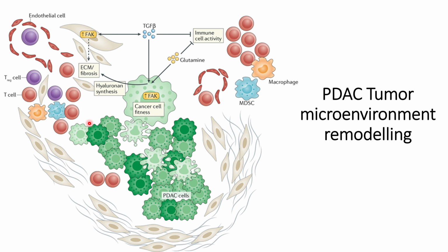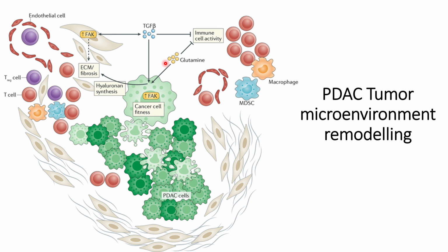And how can this tumor microenvironment remodeling be done in a way that it can help in the immune response, or increase the immune response efficiency against the pancreatic cancer cells? One of the studies has been done where they inhibit this glutamine.